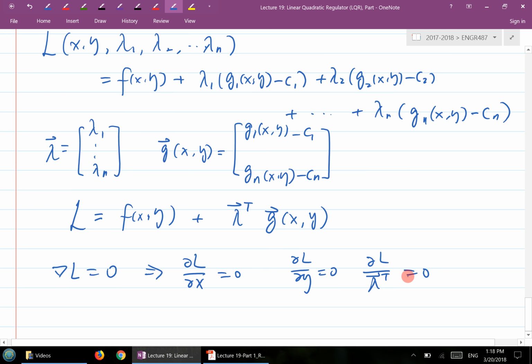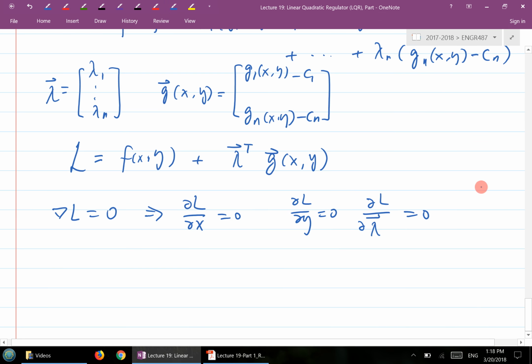Here you have lambda. Instead of using just lambda 1 to lambda n, you can use the symbol partial L over partial lambda vector.